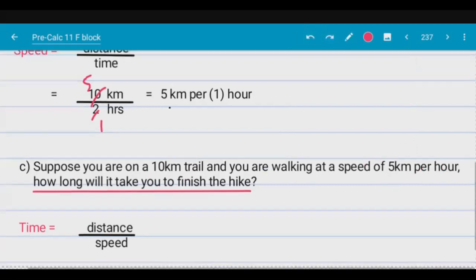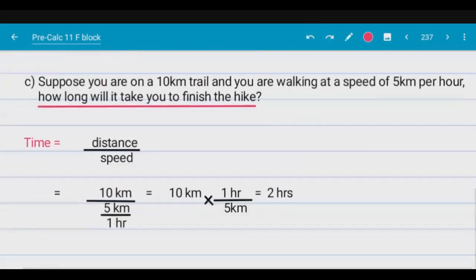So take a look. The distance is 10 kilometers. You will divide that by 5 kilometers per hour. Now look, to do the math properly here, the 10 kilometers will be divided by a fraction. The fraction here is 5 kilometers per 1 hour. So to divide by a fraction, it is the same as multiplying by the reciprocal.